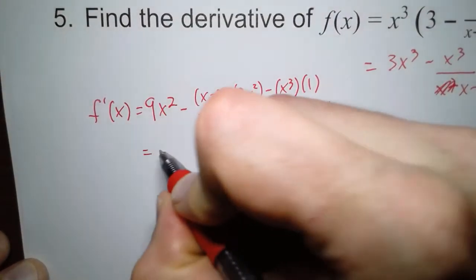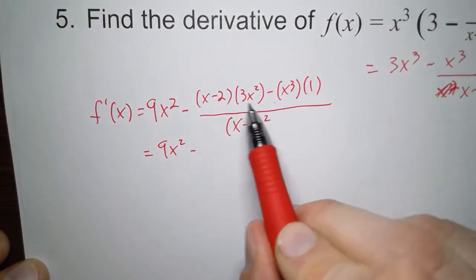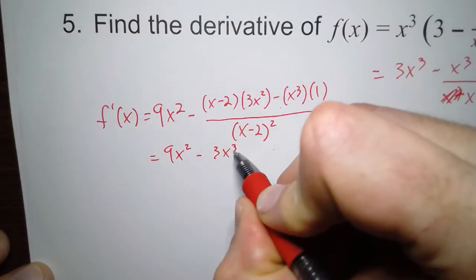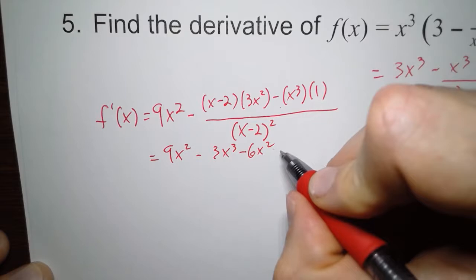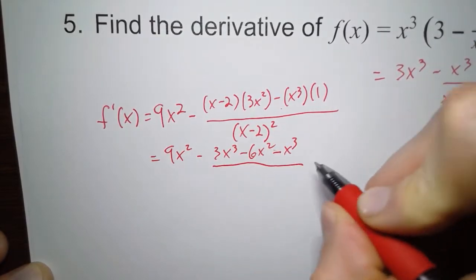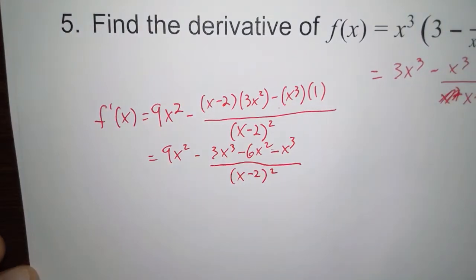But let's simplify that. 9x squared minus, so here we have x times 3x squared is 3x cubed minus 6x squared minus x cubed all over x minus 2 squared.